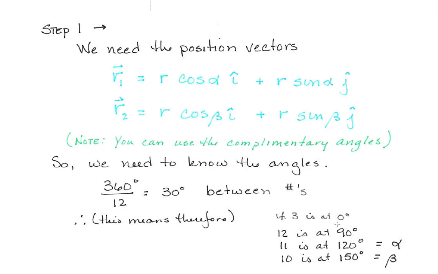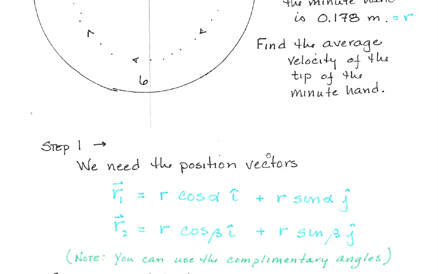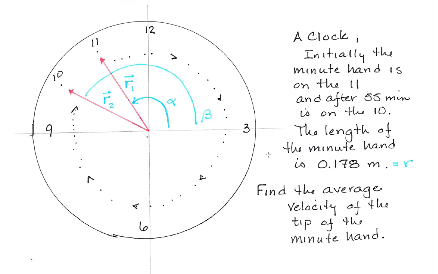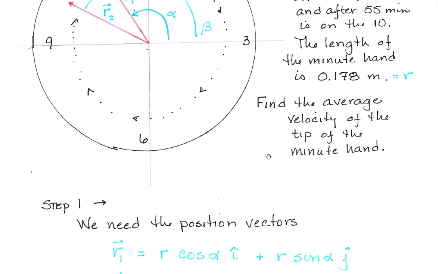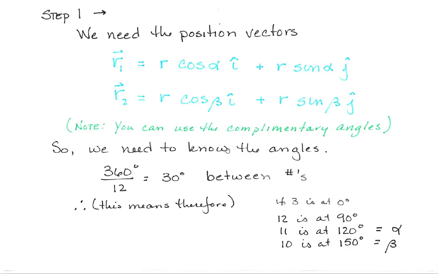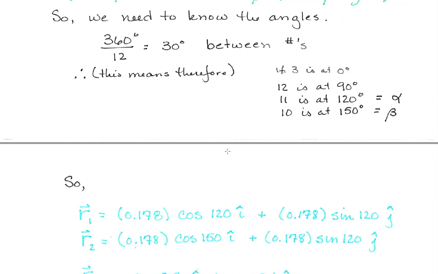So if 3 is at 0, we know 12 is at 90, and 11 is at 120 degrees, and 10 is at 150 degrees. So that's going to be our alpha and our beta, just like what we had with our diagram, our alpha and our beta. So now we can go ahead and populate and figure out what our vectors are. We know that the radius, the length of the minute hand, is 0.178 meters.